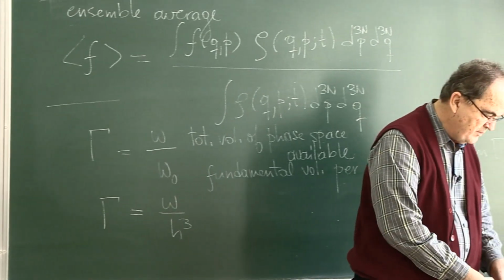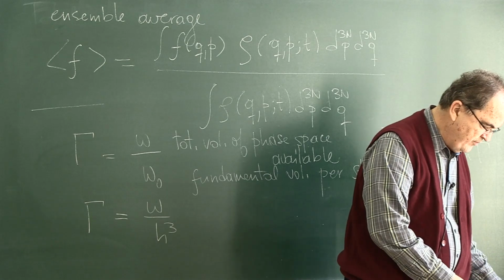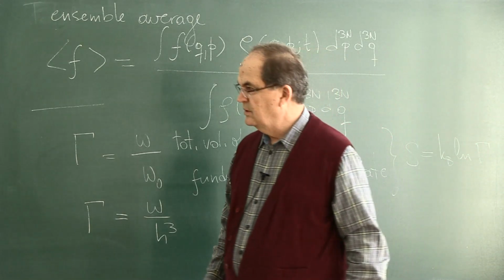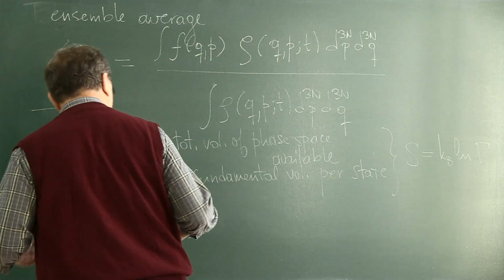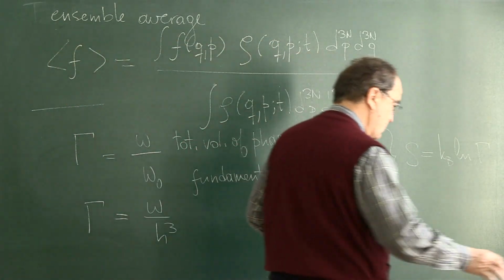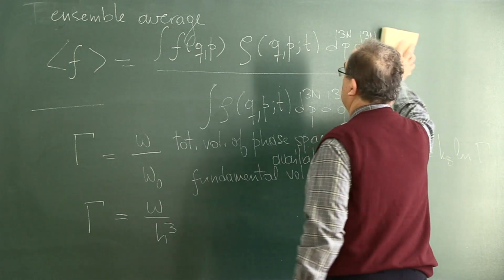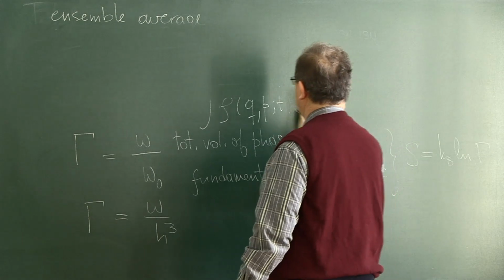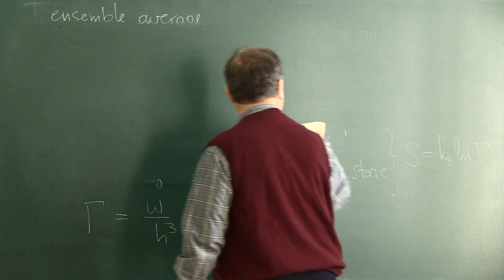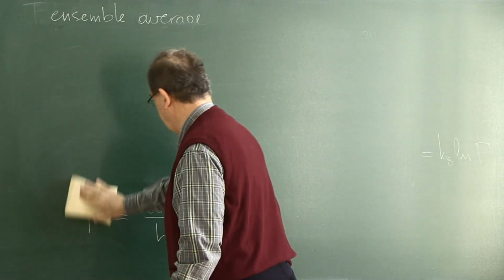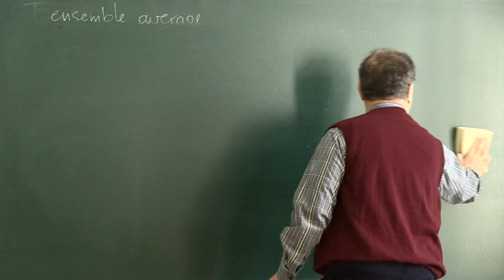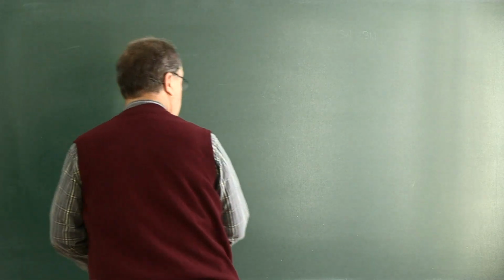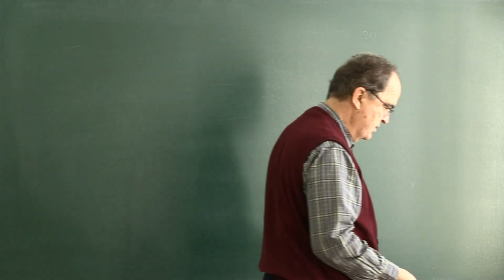If I know this fundamental volume, here comes the homework. It is in the appendix in your book. You should read your book. For a single particle, that's what we have done.